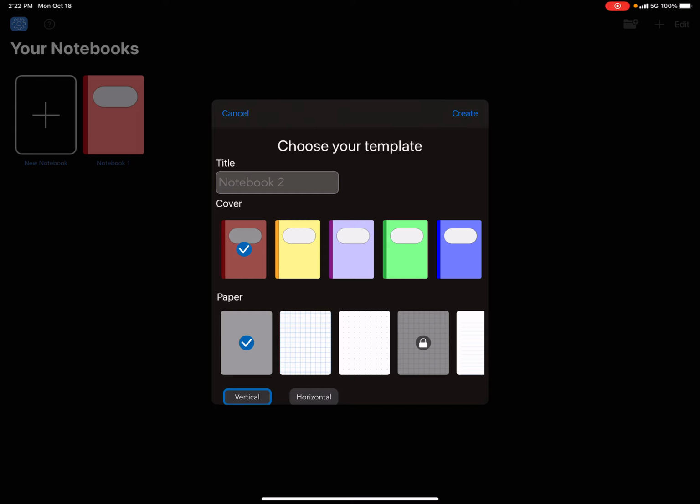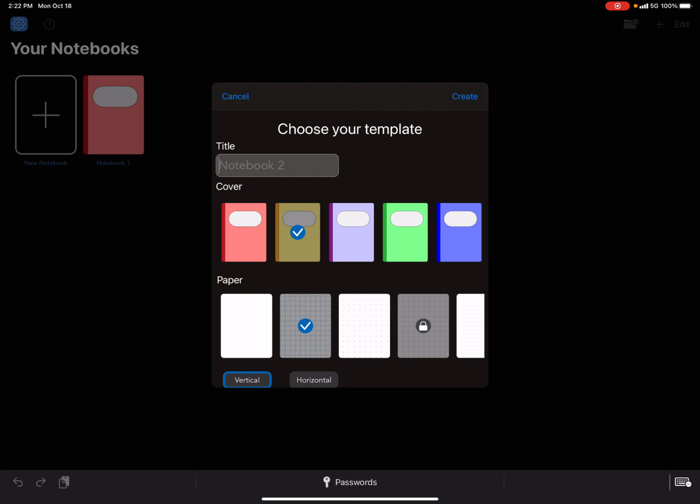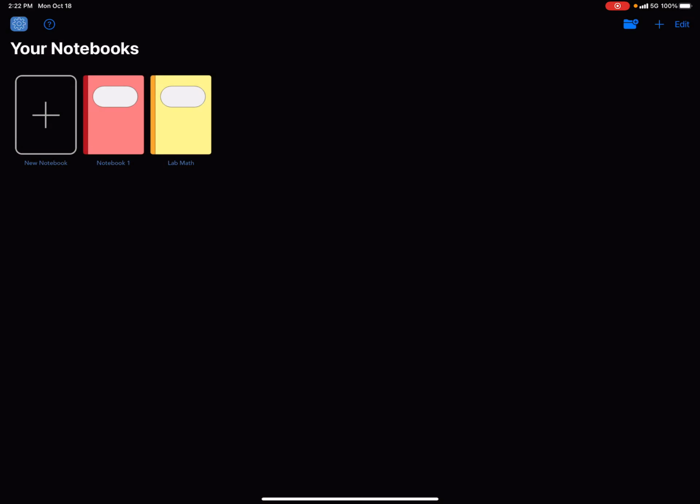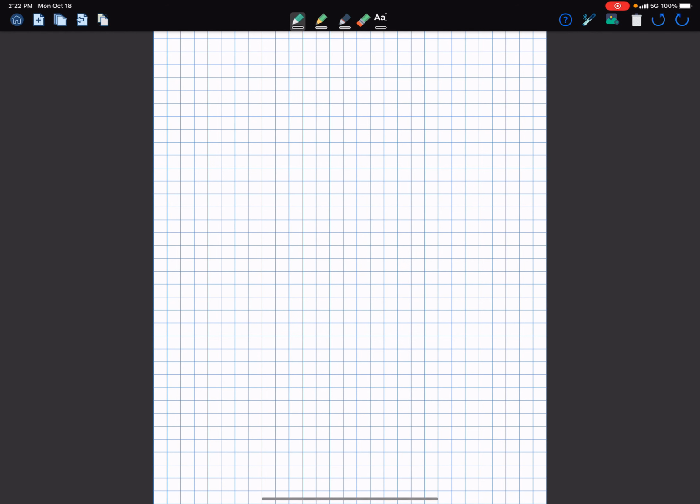And we'll do it on one of these. We'll do it here. We'll do lab. Oopsie. We got to get that right. Lab math. Okay. Create. All right. Open up. Open sesame. All right, here we go. Now, get my pen here.